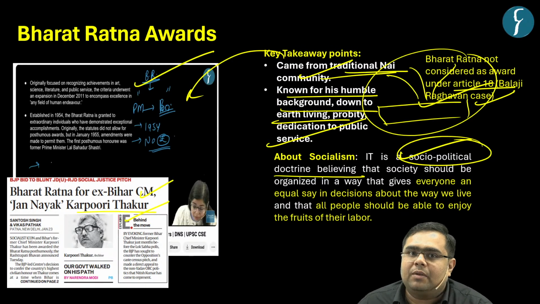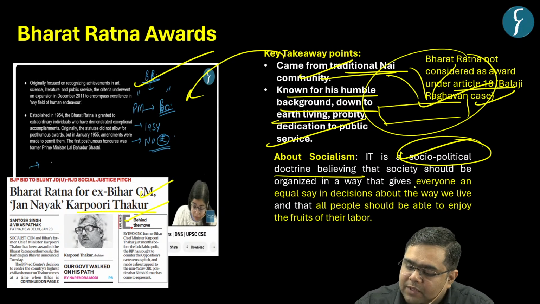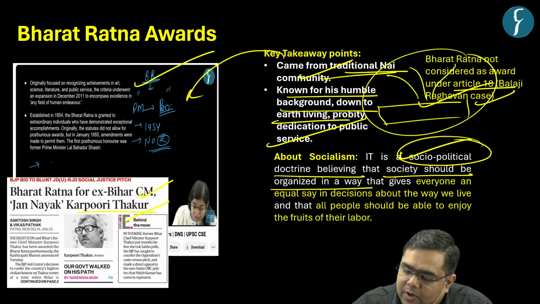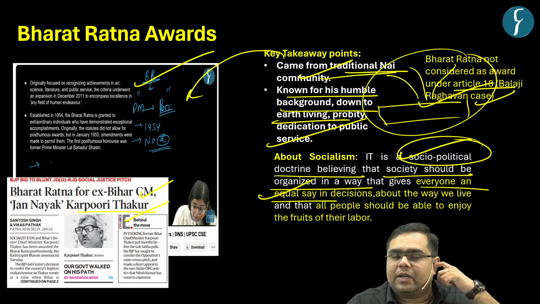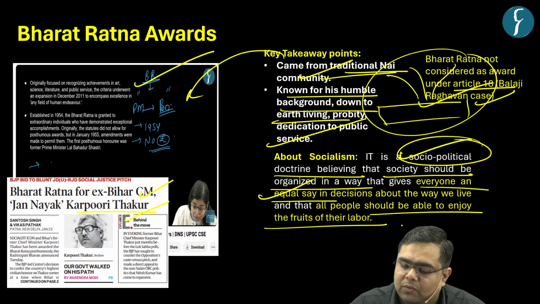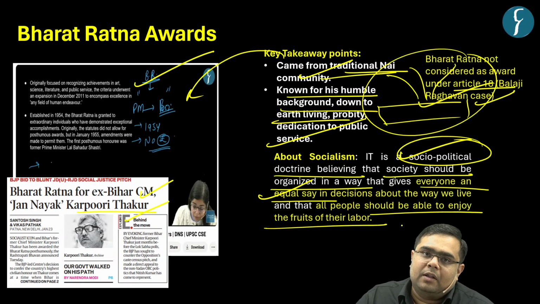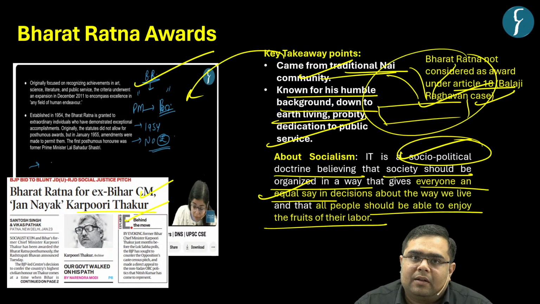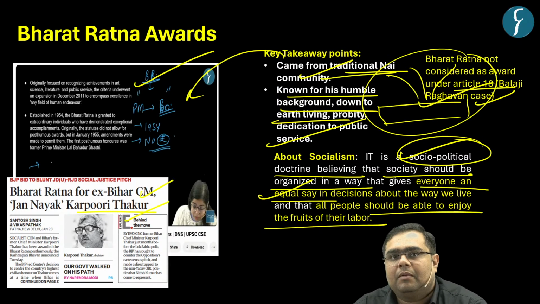First it has a social impact, and then a political impact, which believes that society should be organized in a way that everyone is equal, everyone has an equal say in decision making, and people are able to enjoy the fruits of their labor. It developed as a counter argument to rising materialism, utilitarianism, and individualism in 18th century Europe.